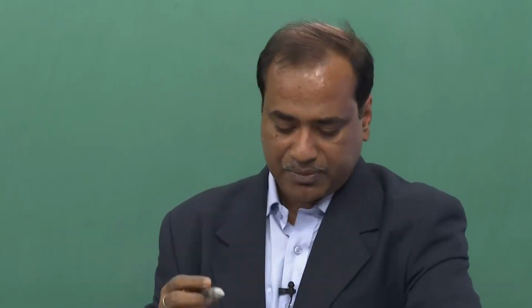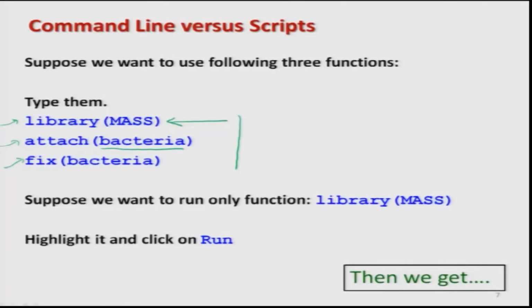So, now suppose I have typed these 3 commands in the R script window or inside RStudio. What do I have to do? Suppose I want to execute only one command, library(MASS).